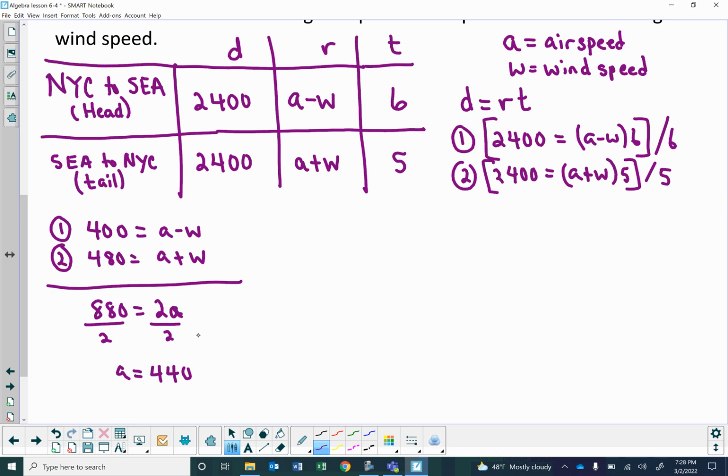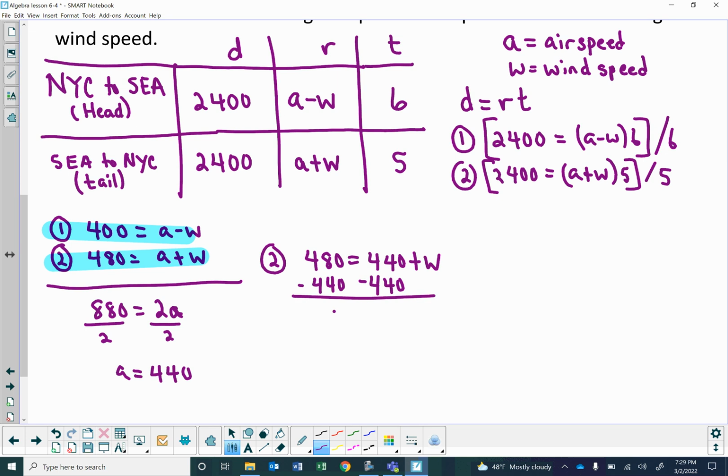To find my average wind speed, I need to substitute into either equation. I would think it would be easier to substitute into either one of these two equations because the numbers are smaller. So I'm going to substitute back into equation 2 here because W is positive. That's the only reason why. So if I take equation 2, I have 480 equals 440 plus W. Subtract 440. W equals 40.